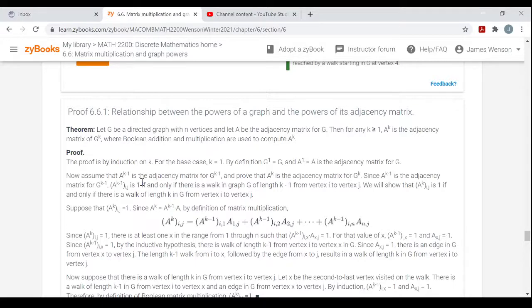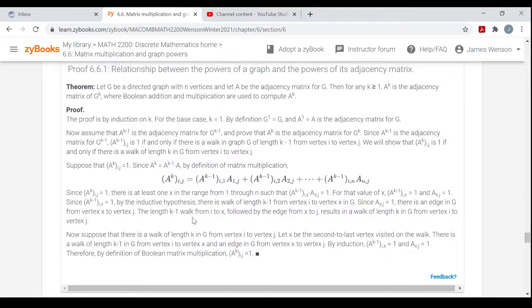If it doesn't, don't worry so much about it. I'm not going to test you on it yet, because we're going to get into talking about how to do proofs by mathematical induction in, I believe, Chapter 8 or Chapter 9. It's coming up. So again, you can read through this if you wish. If not, I also understand that.